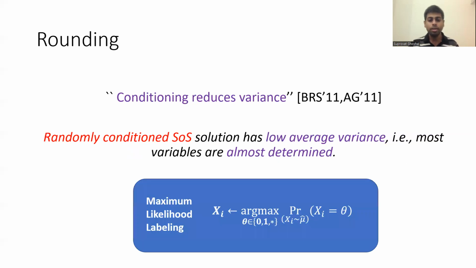And using this, we use the following maximum likelihood labeling process, where we assign a label to a particular vertex depending on the masses of the local marginal. So in particular, for any vertex i, we will assign the label that has largest mass corresponding to the marginal of label i on the conditioned distribution.